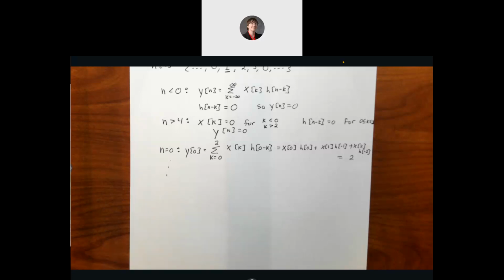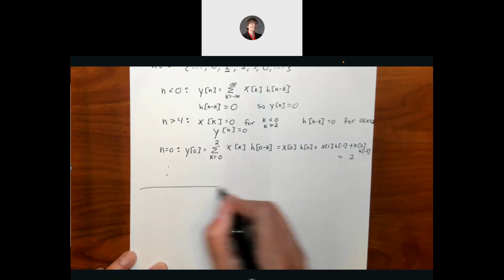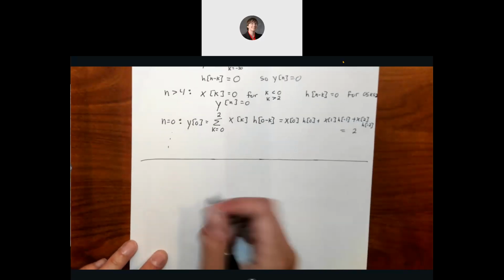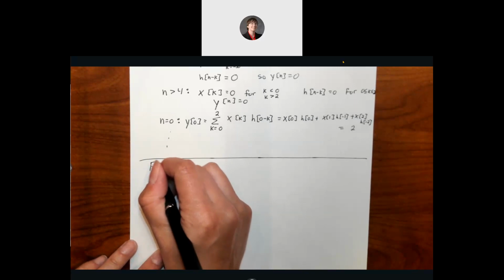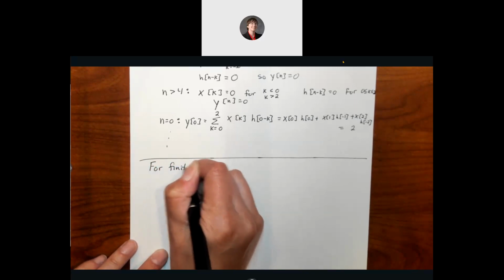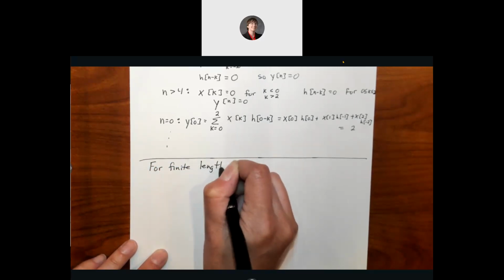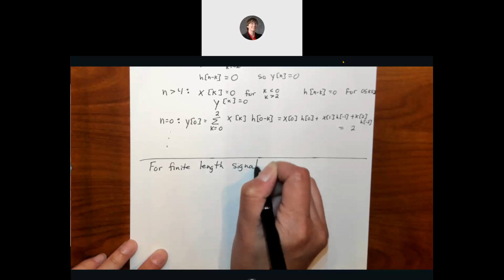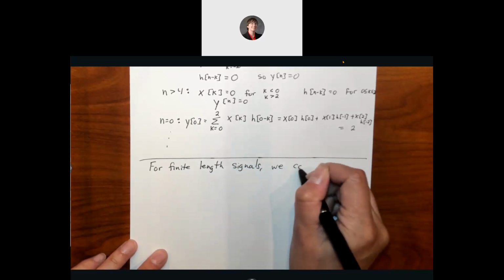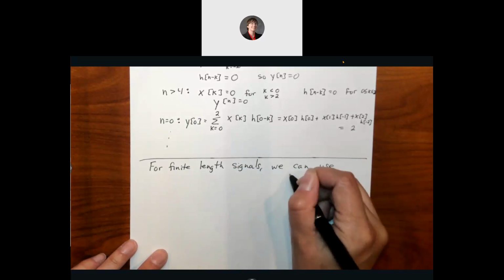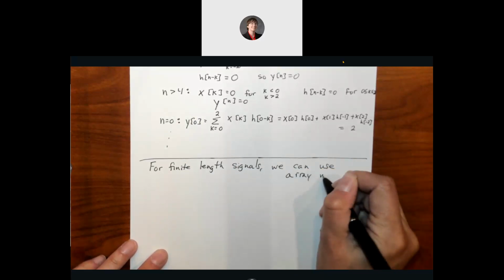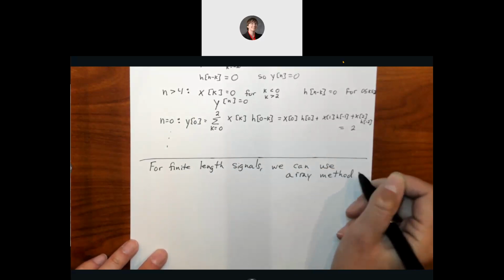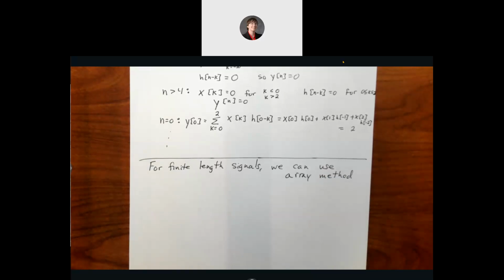Or for signals which are of this form, there's actually a little bit of a shortcut that we can take. For finite length signals, we can use what's called the array method.